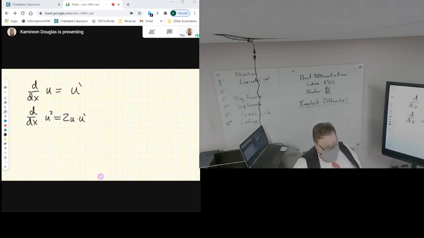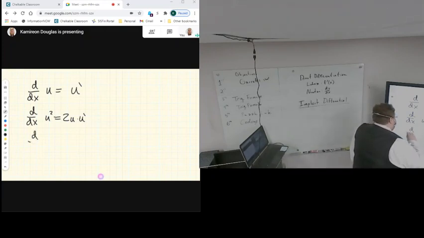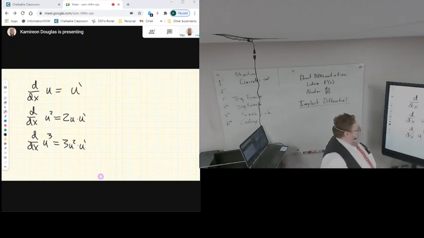In fact, the chain rule is the first time you see any components that act like implicit differentiation. To the third, same concept. It'd be 3u squared times u prime. And again, if I just replace u with x, everything comes out the exact same.